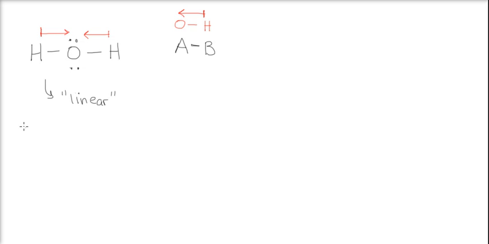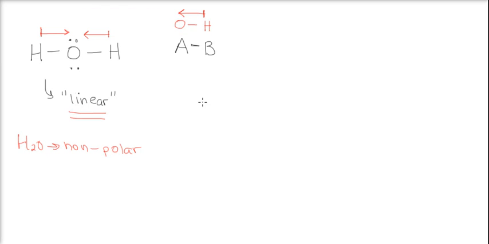So we would deduce from the geometry of water being linear, which is incorrect, but the bond polarities being correct, we would deduce that water is a nonpolar molecule, which of course is incorrect.